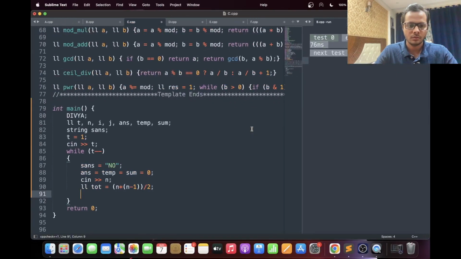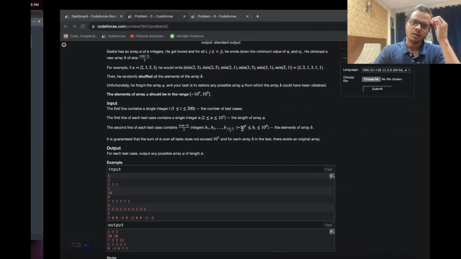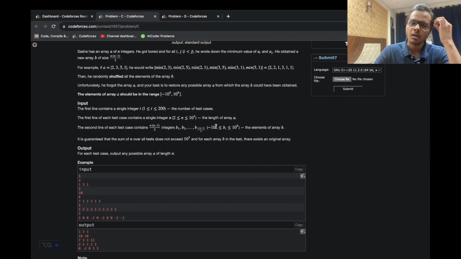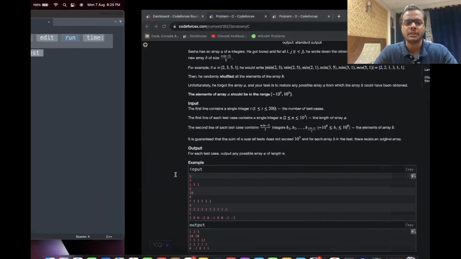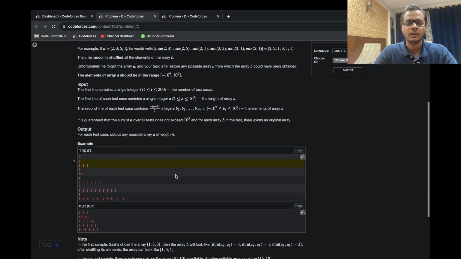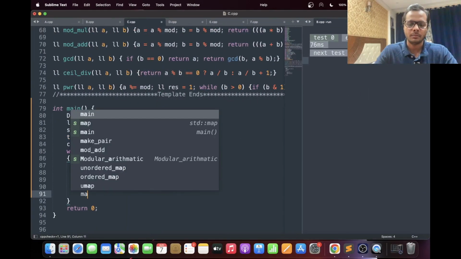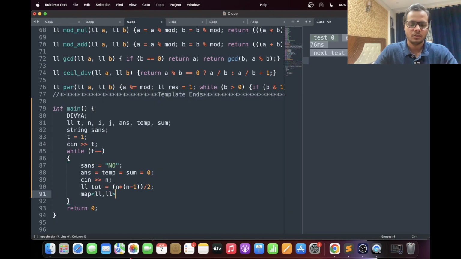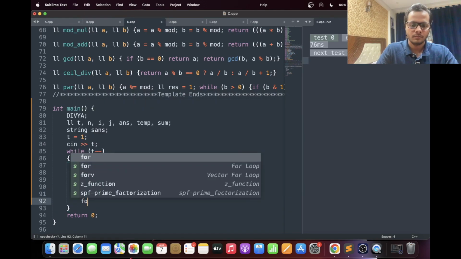Right, the number of distinct elements in the map would not exceed 10 to the power 3, so that should be good. Let's just maintain a map count.